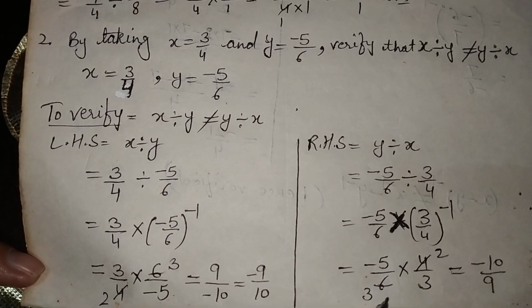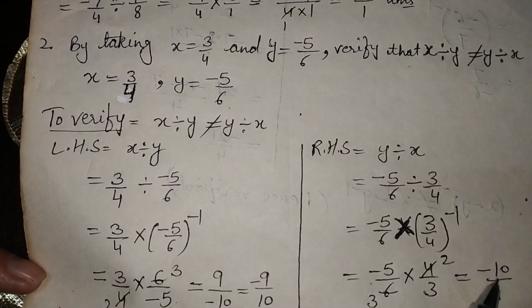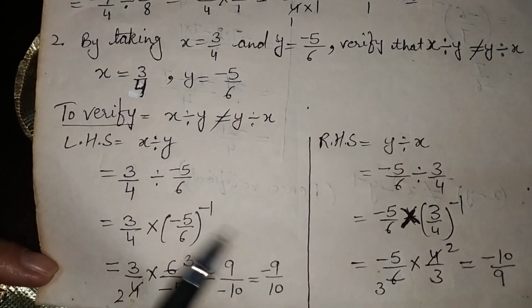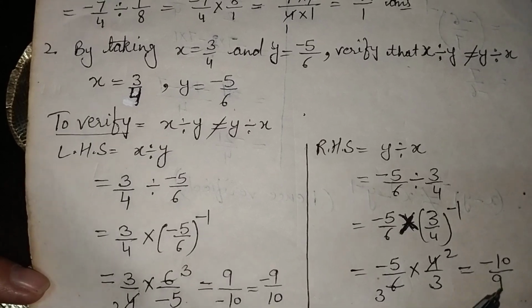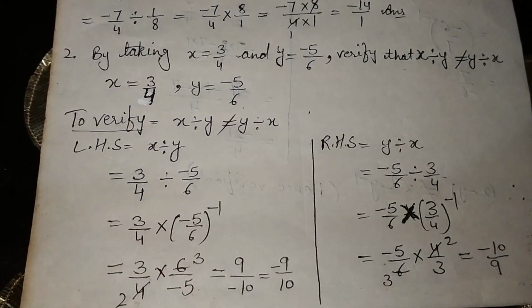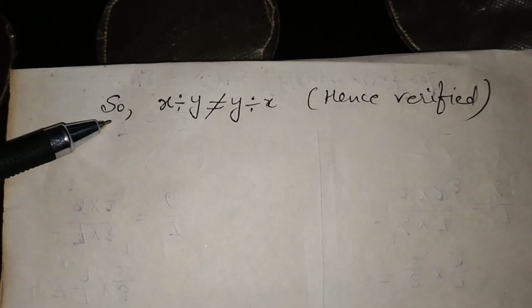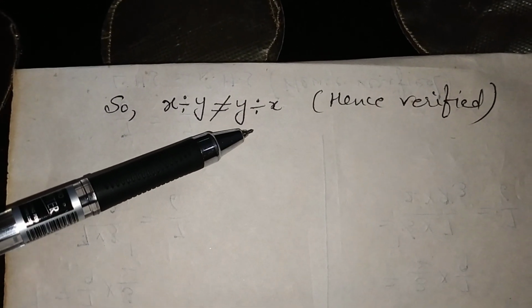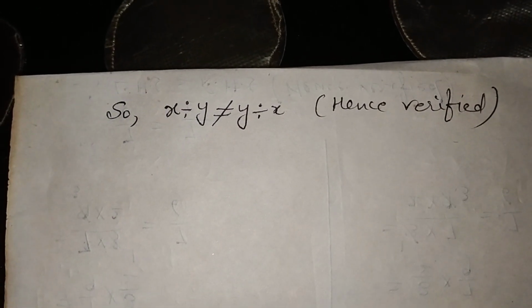After cancelling, we will find the value of this is minus 10 upon 9. See, here LHS is minus 9 upon 10, RHS is minus 10 upon 9. In this way we can write. So this is not equal to this, hence verified. Okay, this is the solution. Thank you.